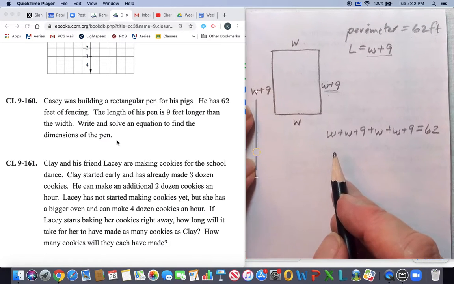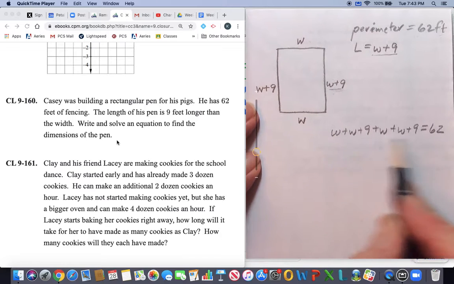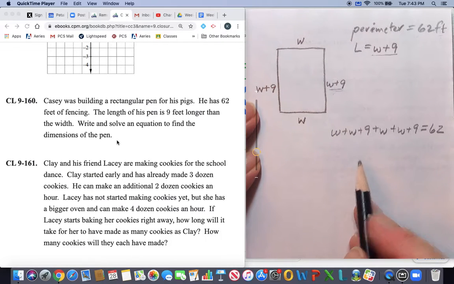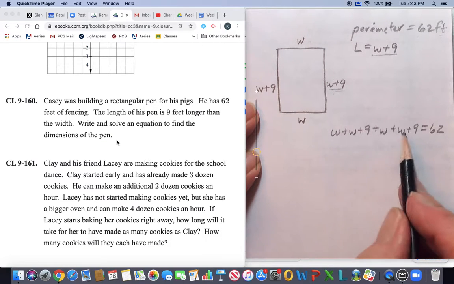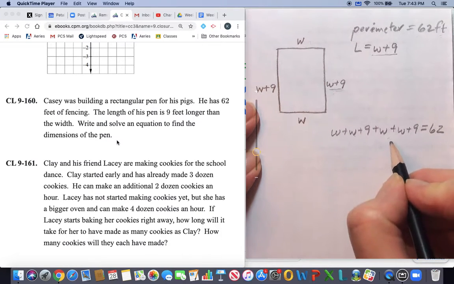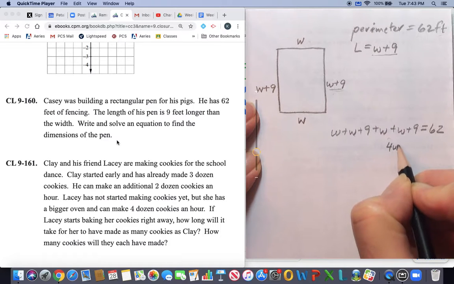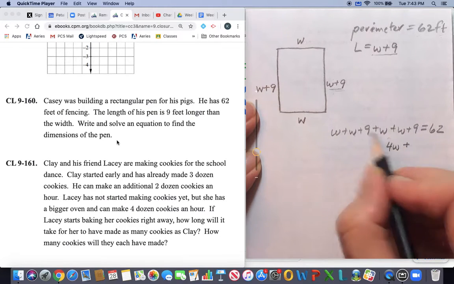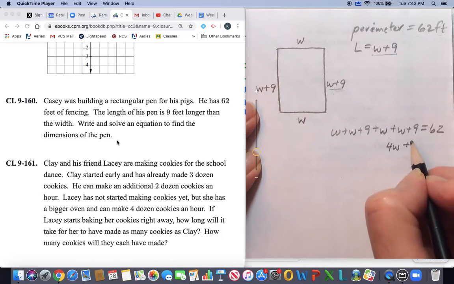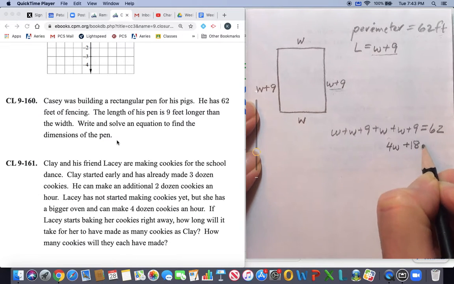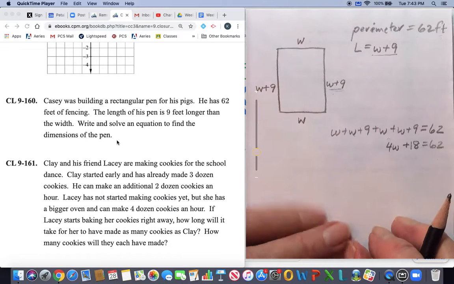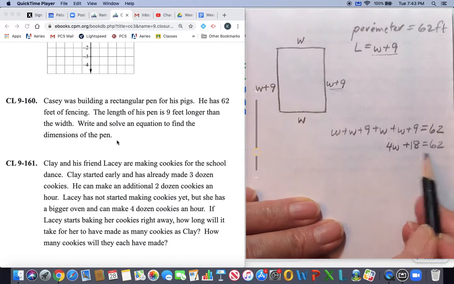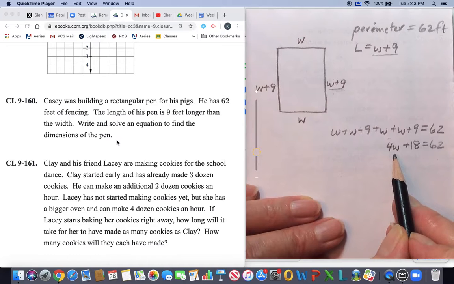Now we can combine like terms and simplify this equation a little. 1, 2, 3, 4. We've got 4 W's added up, so that's 4 times W. And then we've got 2 9s, which we can add together and just make that 18. And that's equal to 62. Now we can use our equation solving skills to find out what W is.